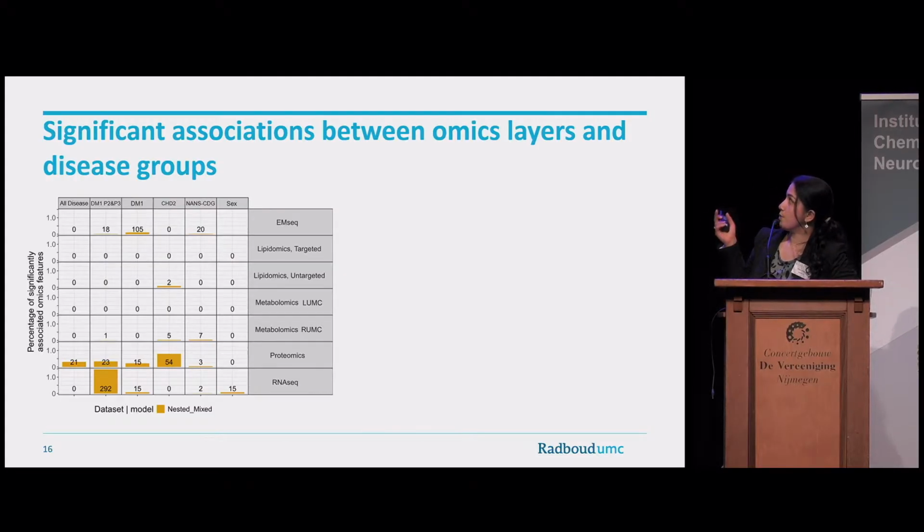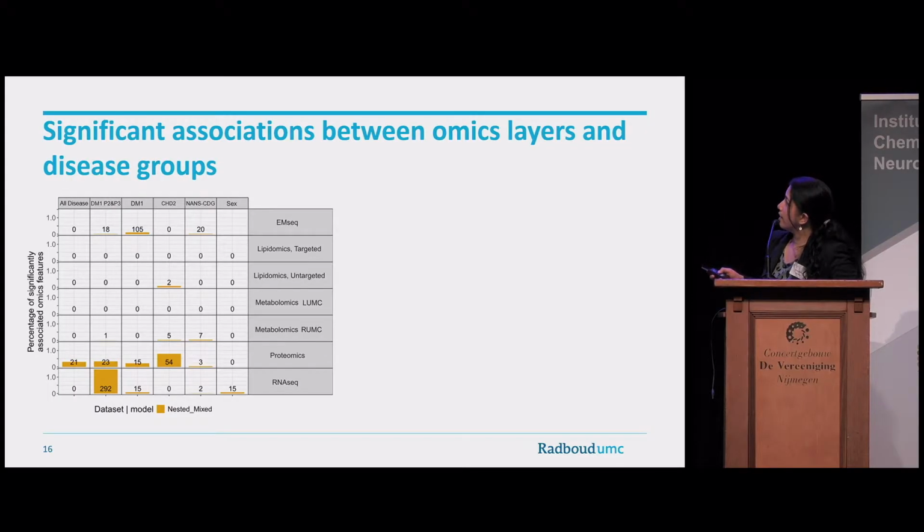This contrast was separate, so we did DM1 patient 1 separately also, because DM1 patient 1 had a milder phenotype as compared to patients 2 and 3. And the rest of the other contrasts.